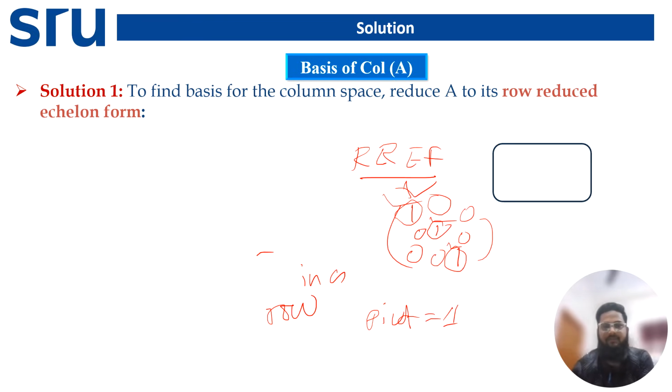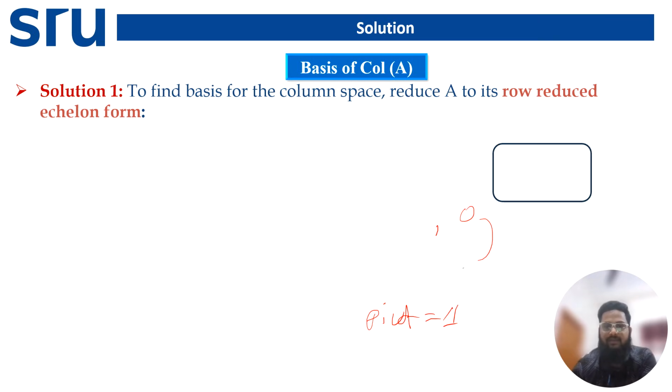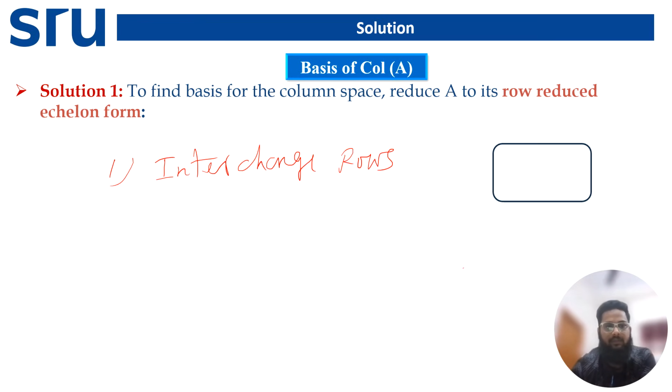So the first step to find the basis of column space is, if a matrix is given, you convert this matrix to row echelon form, or row reduced echelon form, using row operations. You know you have 3 row operations. One is you can interchange any row with any row. Second, you can add or subtract any row to any row.